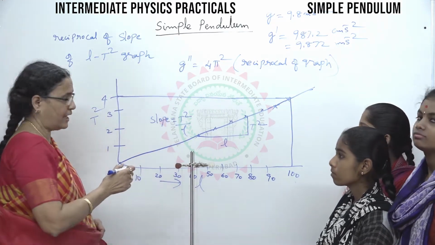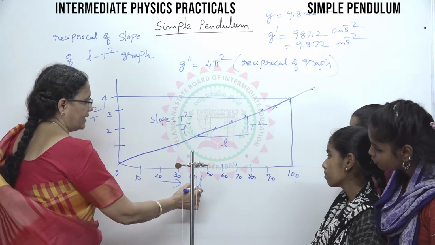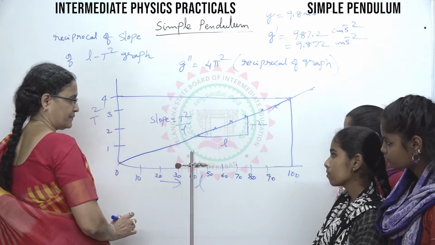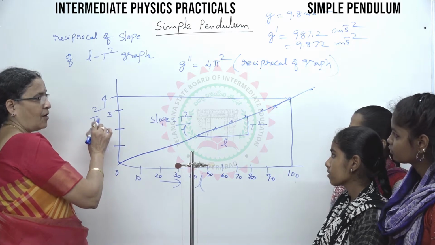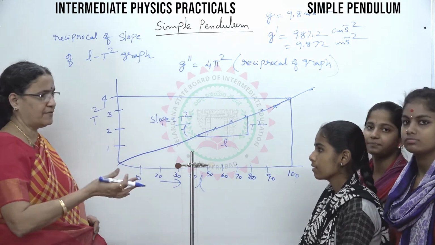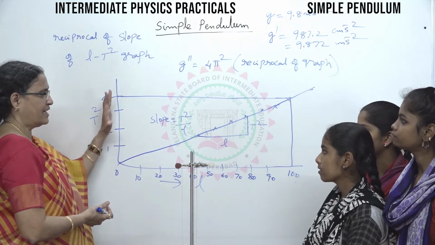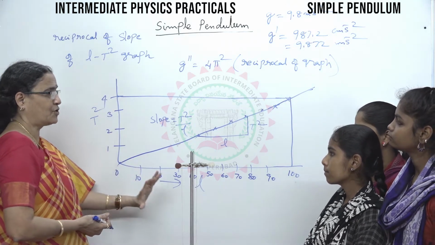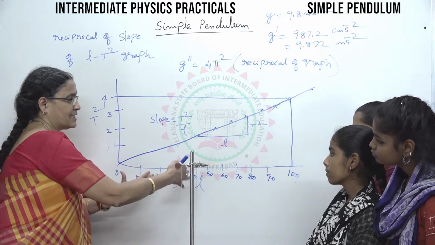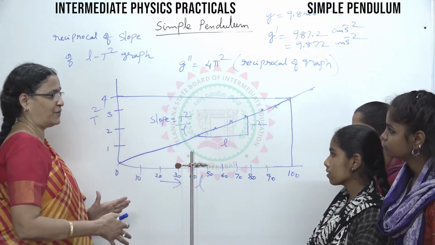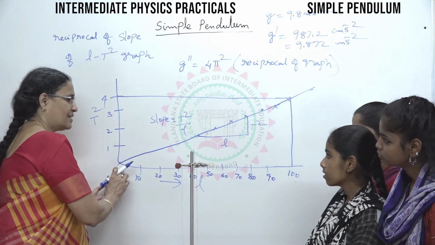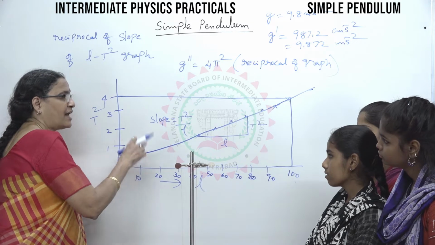Now we have to draw a graph by taking L in centimeters on x-axis and T² on y-axis. See, in different manuals, they give the values differently. But I take this way. Whenever you draw a graph, you must see that you take the intercepts in a convenient way. If I take 10 here, that means from 0 to 10, each line is 1.